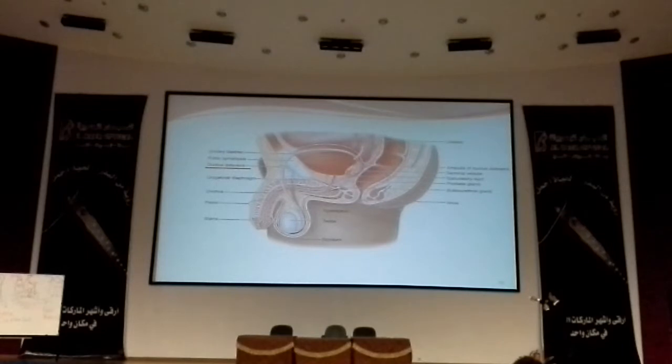As you see, there is a union with the seminal vesicle, which participates in secretion of the semen and is located at two sides of the posterior surface of the urinary bladder. This is the urinary bladder and this is its posterior surface. On right and left there is an ampulla and a seminal vesicle.